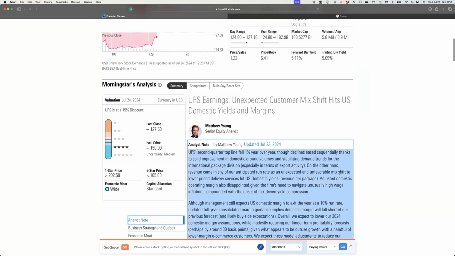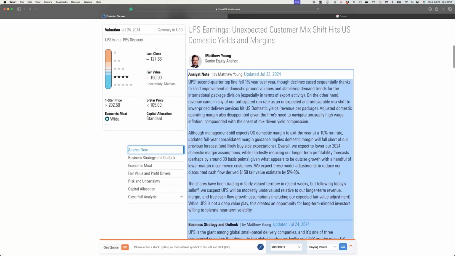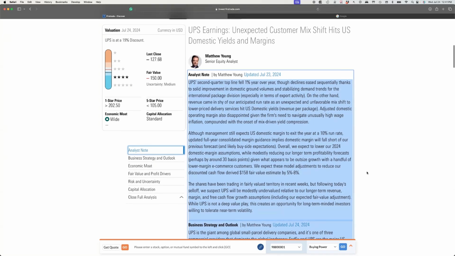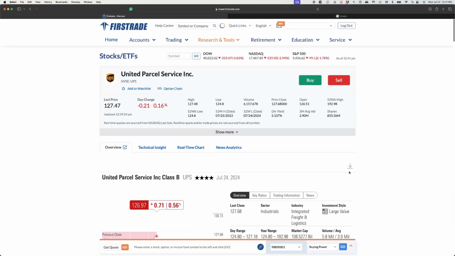You can ask ChatGPT to be your analyst to summarize and interpret what the analyst is saying, so that you can have a better understanding of the business before you invest in any specific company or investment opportunity. Incredibly powerful tool at doing that.